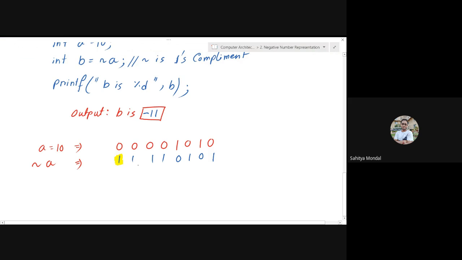And what is the magnitude? This is the magnitude, right? So if this is the magnitude, what will be the result? This will be minus, according to you, minus for this sign, and the magnitude will be 0, 1, 2, 3, 4, 5, 6. 128 plus 64 plus 32 plus 5.